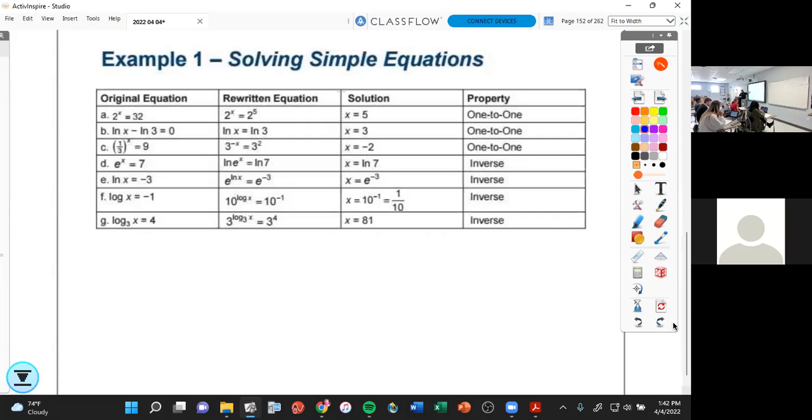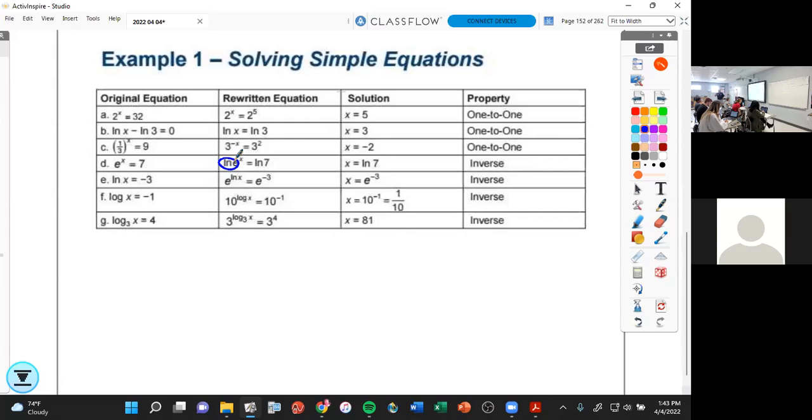If I take the natural log of the left side, I have to take the natural log of the right side. So natural log of e to the x equals natural log of 7. Power properties, that x moves to the front. What is the natural log of e? 1. So I have x times 1. So obviously x is equal to the natural log of 7.